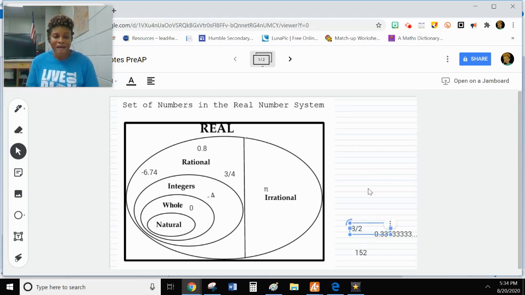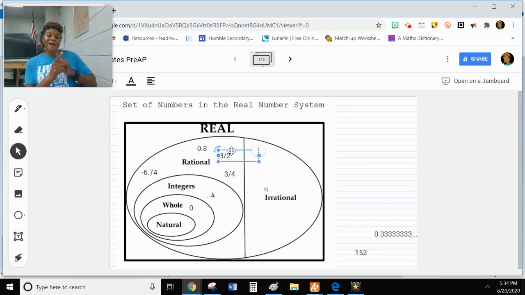How about 8 halves? 8 halves sounds like a fraction, and I want to put it in rational, but I remember I was saying, hey, simplify before you classify. If I try to simplify this, I know that 8 divided by 2 is 4. And I can clearly count that on my fingers.